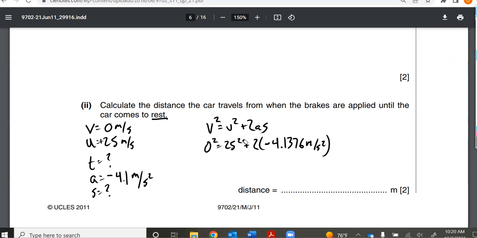Let me add those units in. So the units for velocity, meters per second, that whole quantity is squared, plus 2 times negative 4.1317 meters per second squared times the displacement S over here. So that's what we're solving for.